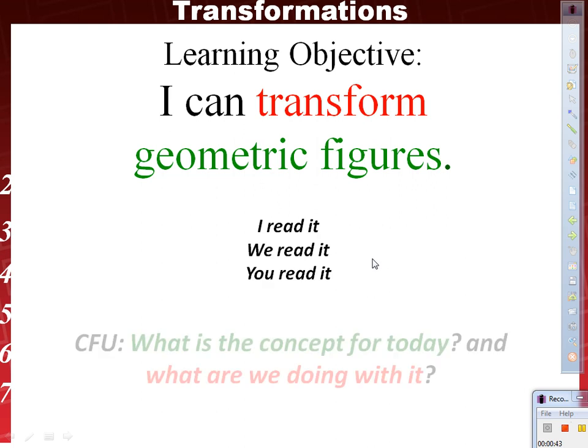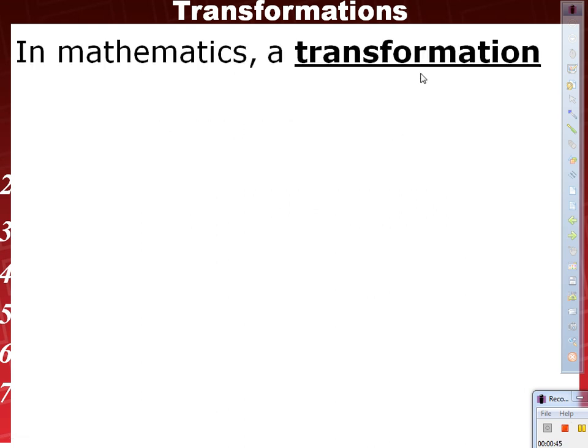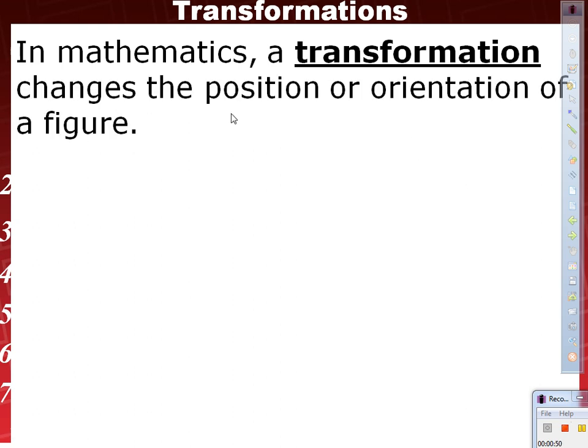Here it goes. In mathematics, a transformation is when you change position or orientation of an object.